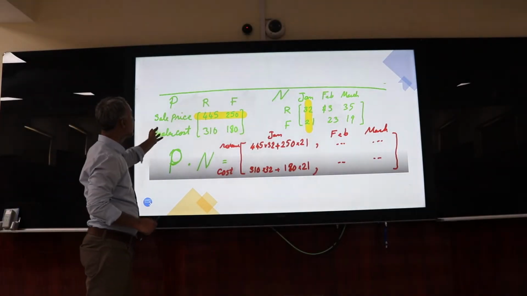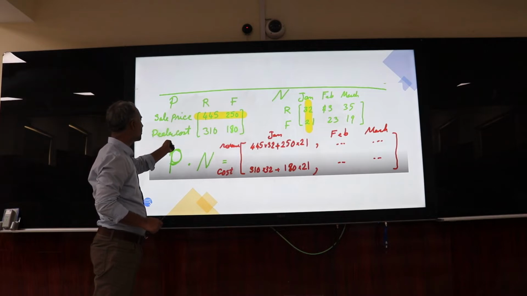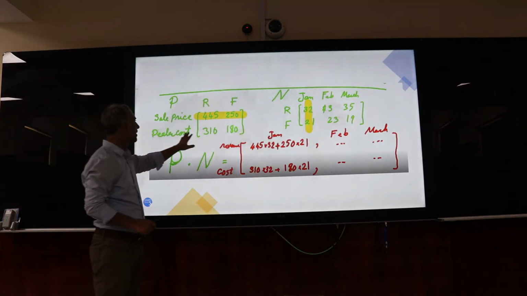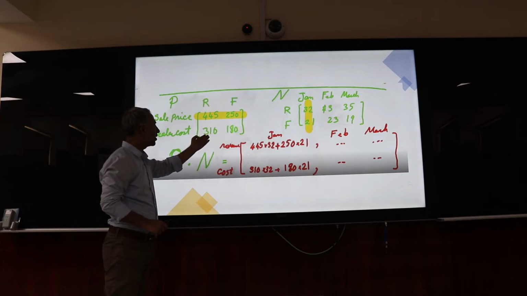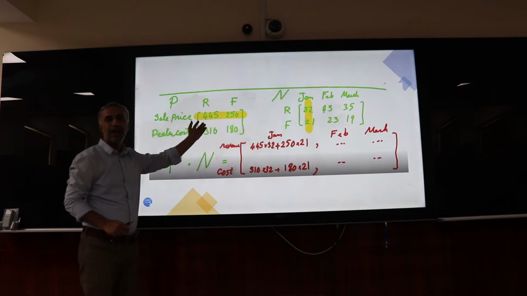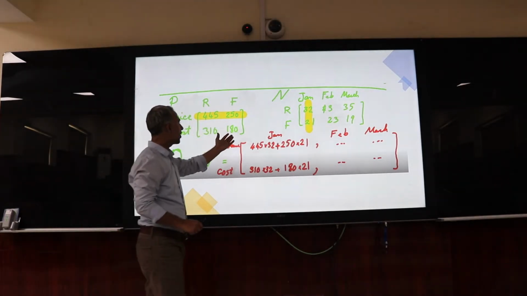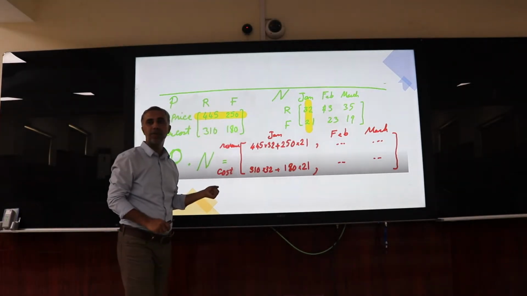Suppose there is a sale price of some product, and of course, the actual cost of the product. For the first product, the actual cost is 316, but the sale price in your shop becomes 445, some profit. Actual price 180, sale price is 250.